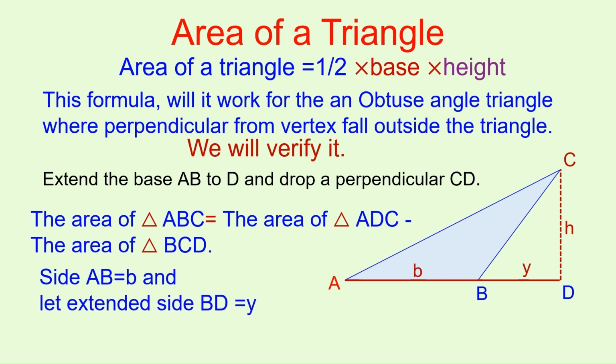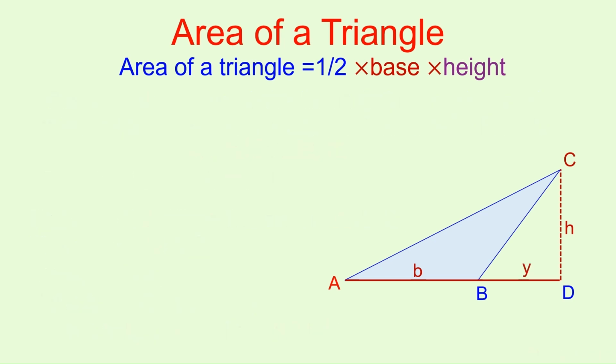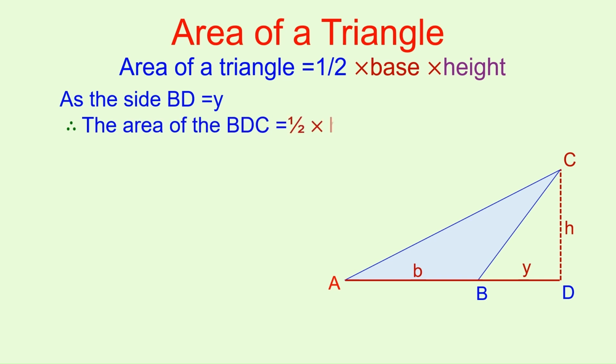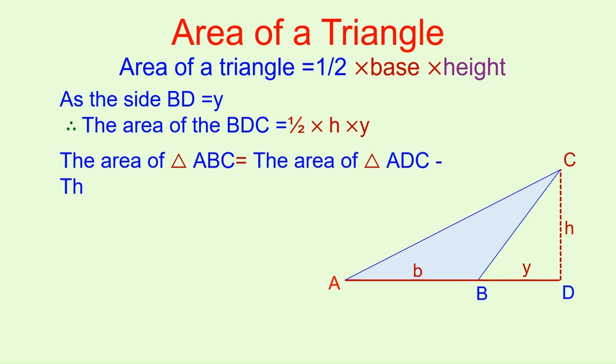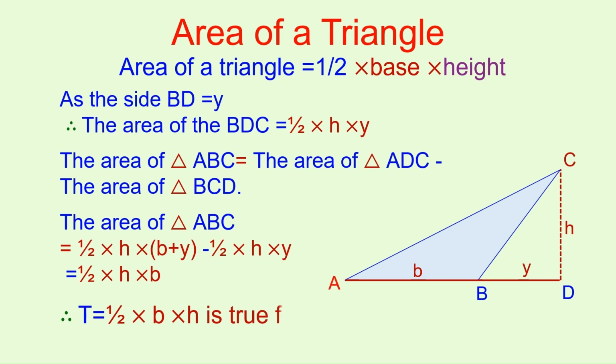Side AB equals B and let the extended side BD equal Y. Therefore the area of triangle ADC equals 1/2 times H times B plus Y. So the area of triangle ABC equals 1/2 times H times B plus Y minus 1/2 times H times Y. Therefore the area equals 1/2 times B times H, which is true for all triangles.